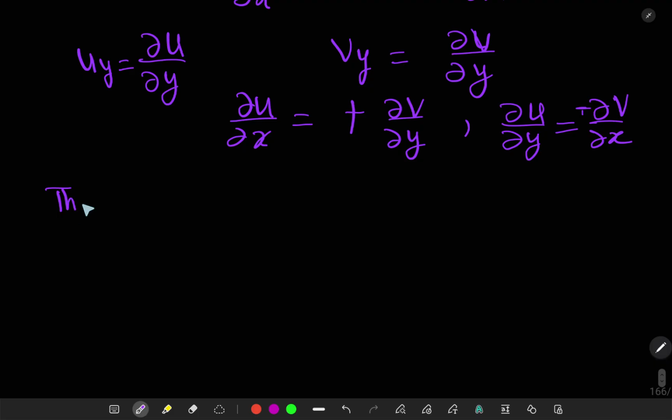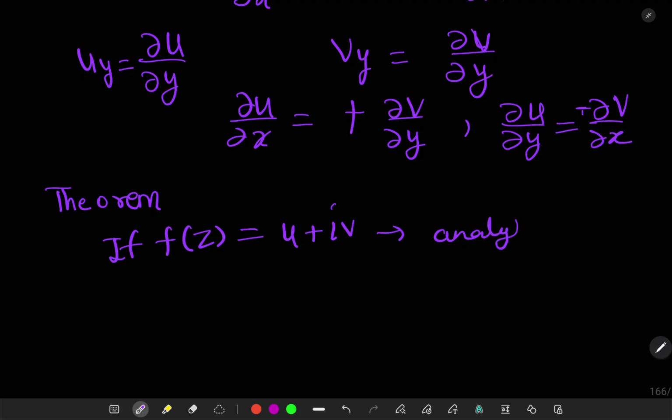Now another theorem. In this theorem we discuss harmonic function and Laplace equation. If f(z) is equal to u plus iota v and is an analytic function, then u and v both are harmonic functions.